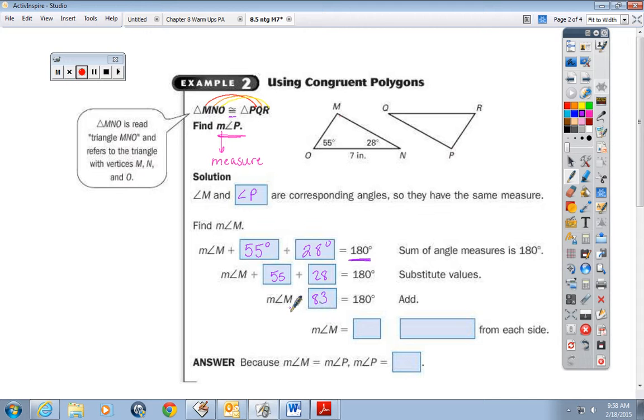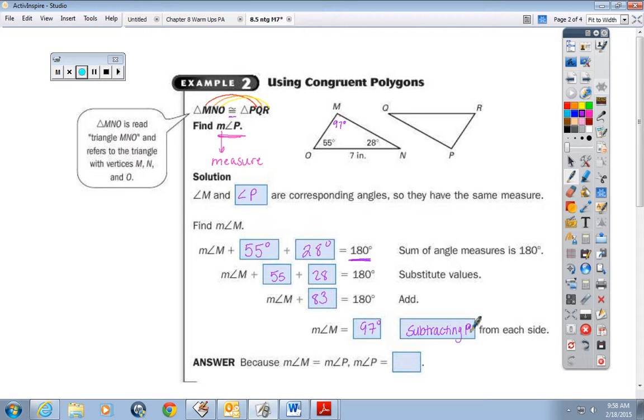And when I do the math there, I get 97 degrees. So I know that the measure of angle M is 97. Why? Because 97 plus 55 plus 28 equals 180. And I did that by subtracting 83 from each side.